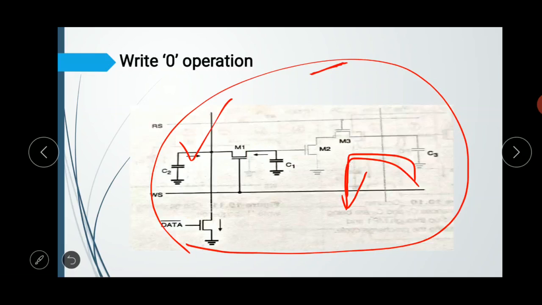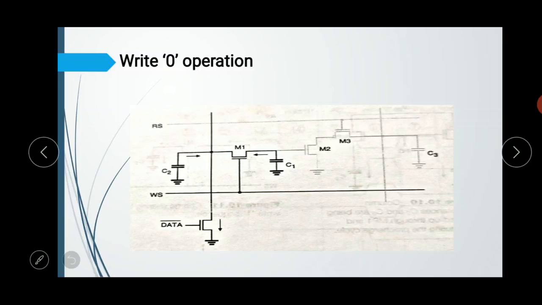Next is the write 0 operation. As it is a write operation, the WS line will be activated, and due to the activation of the WS line, M1 is automatically turned on.